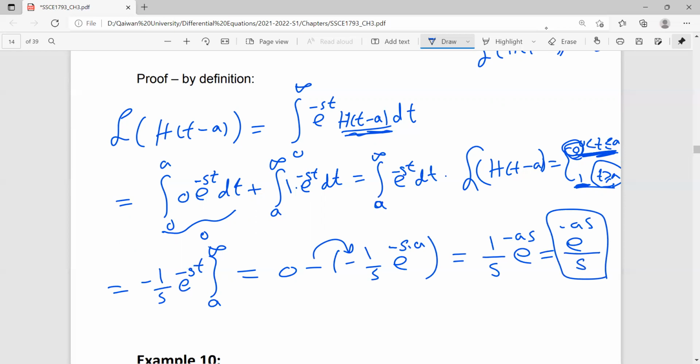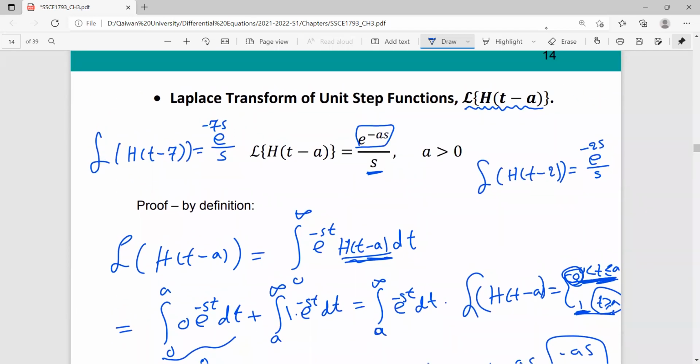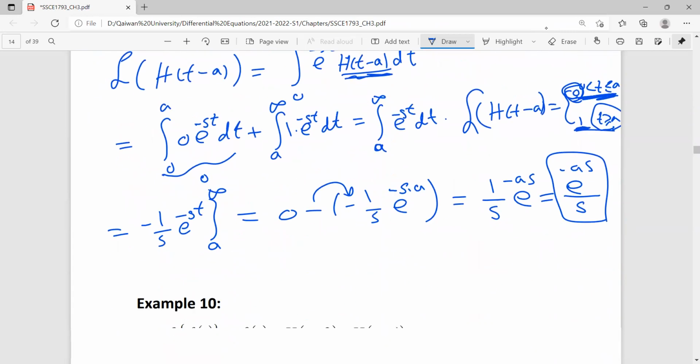This is the Laplace for the Heaviside function. That means from now on, if we have a function like this, to find its Laplace we don't need to prove this again. We just write down the result, which is e to the power minus as divided by s.